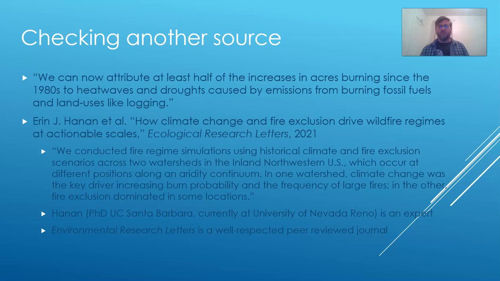So they looked at two different watersheds, and they said that in one, climate change made a big impact on the probability of fires happening, but in another one, because of different local circumstances, climate change was not as big of a driver. So this adds some nuance to this very broad scale claim made by the other authors about the overall impact of climate change on wildfire.